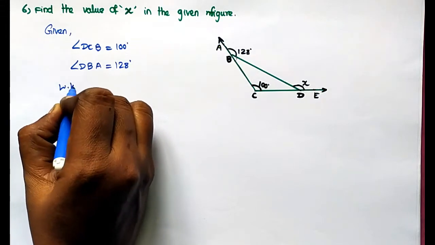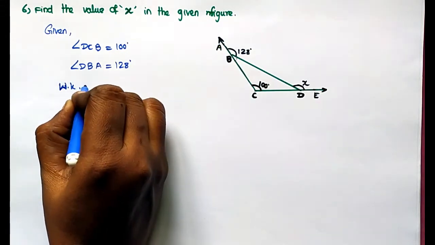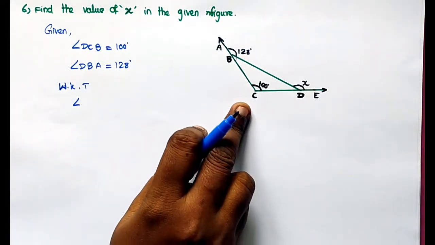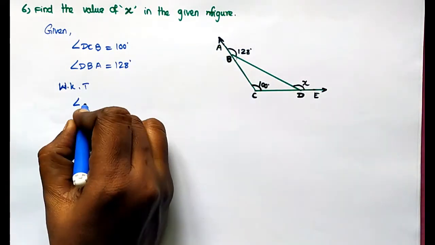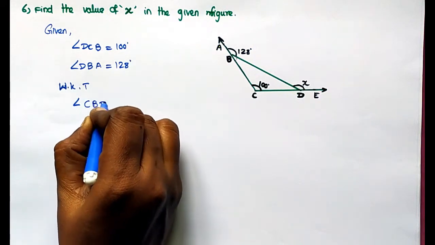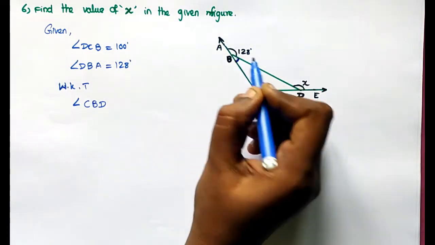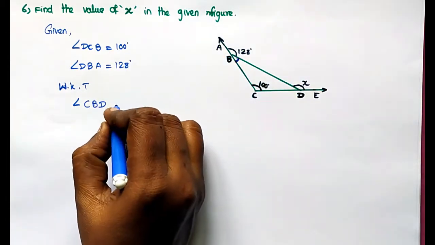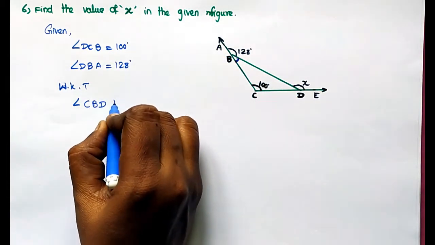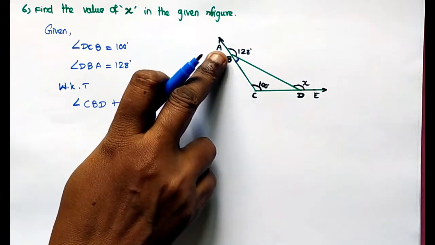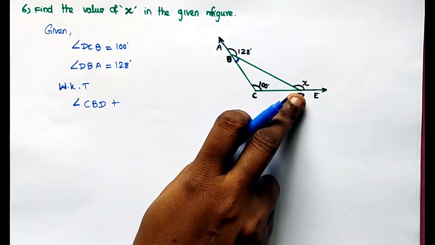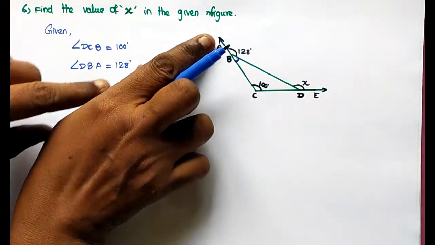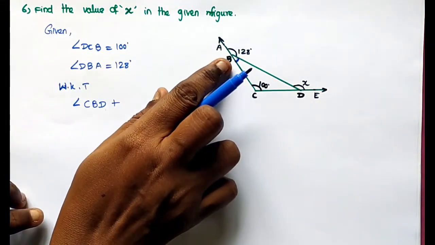We know that angle CBD plus angle DBA, this is a straight angle, that is a linear pair.